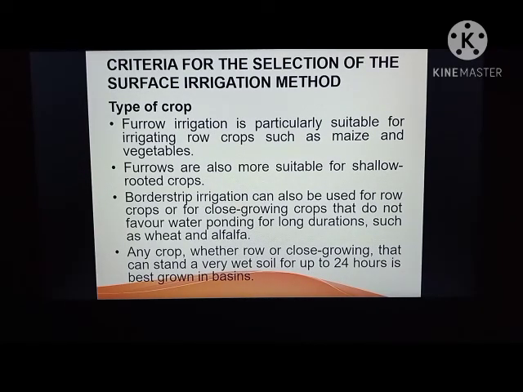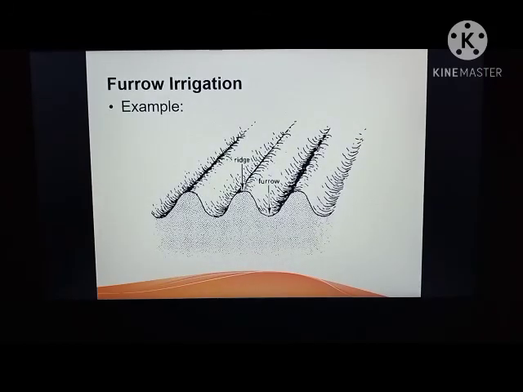Border irrigation can also be used for row crops or for close growing crops that do not favor water ponding for long duration, such as wheat and alfalfa. Any crop, whether row or close growing, that can stand a very wet soil for up to 24 hours is best grown in basin.